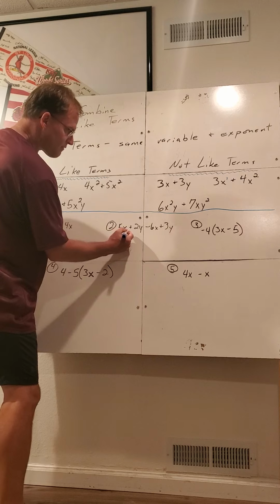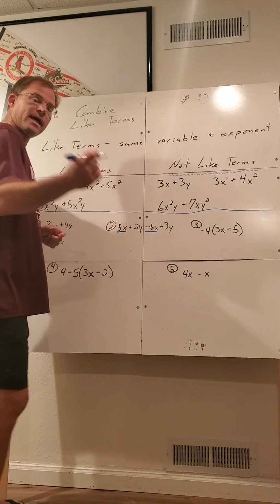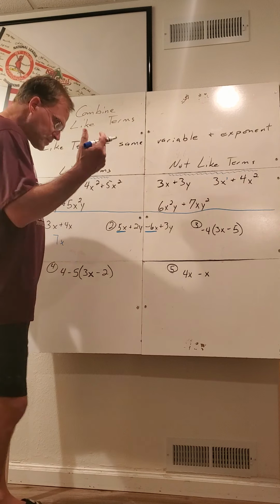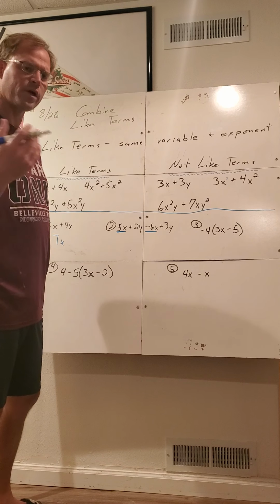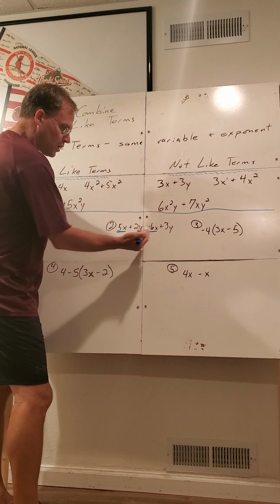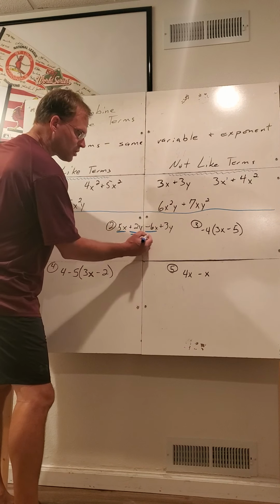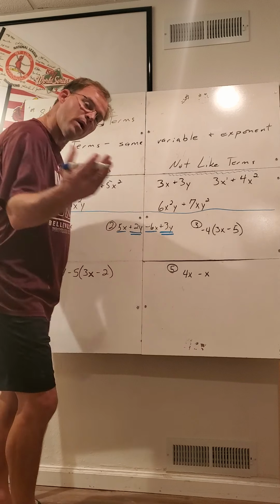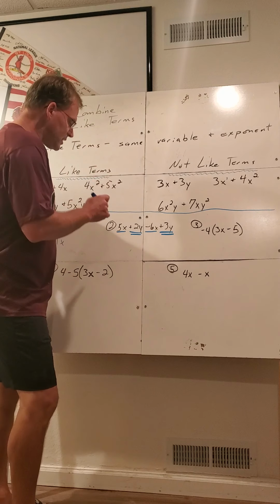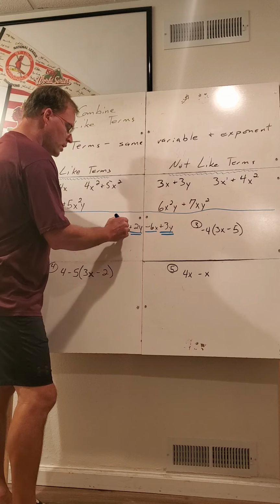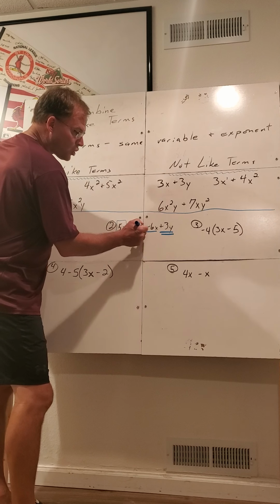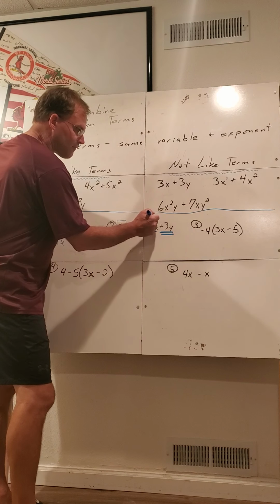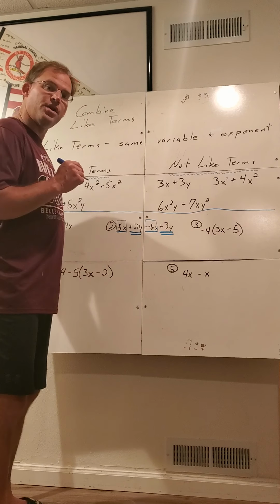I've got 5x minus 6x. When you do this, especially early on while you're trying to remember, a couple things. One, single underline, double underline. I like that one. However, whatever method you use to identify these things, make sure you understand, and here's the big deal, you always use the sign in front of the number.